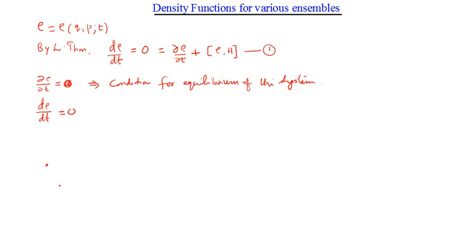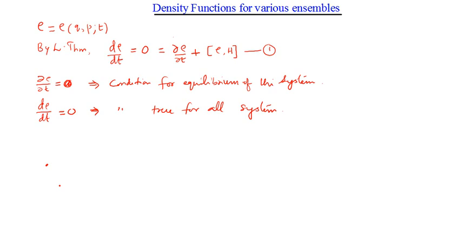We derive the Liouville theorem for any system which may be in equilibrium, may not be in equilibrium. So remember that this particular condition d rho by dt equal to 0 is a general condition which is true every time, true for all systems, whether the system is in equilibrium or not in equilibrium.